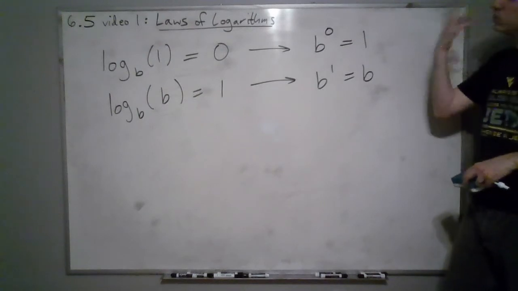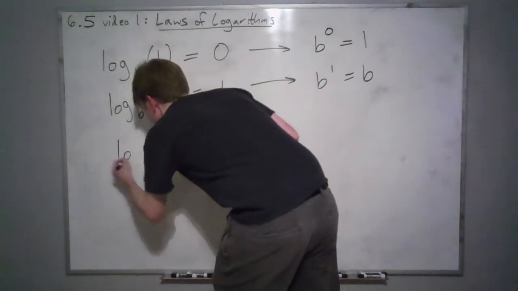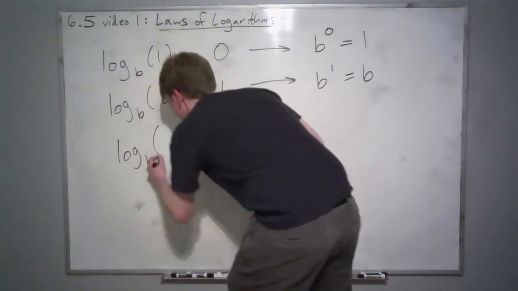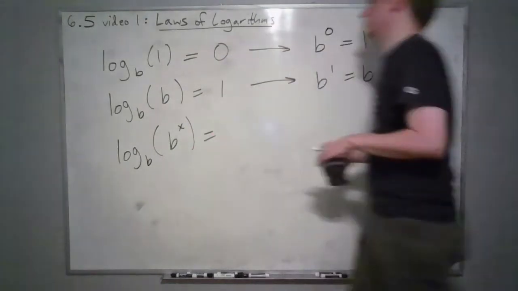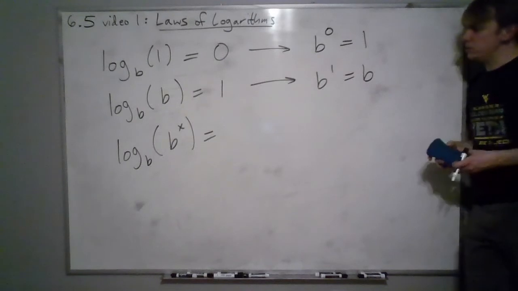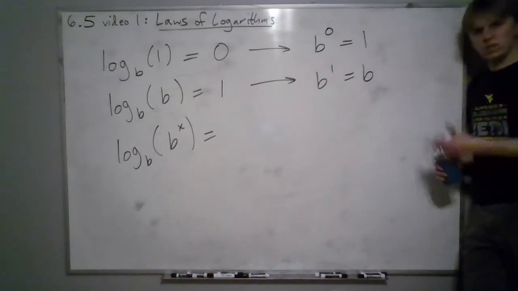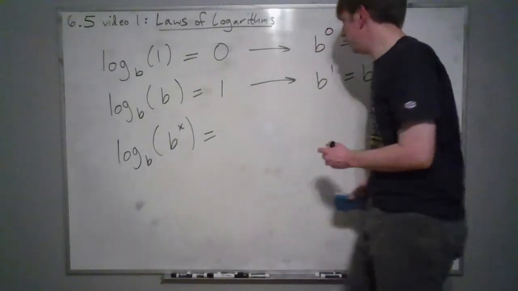Okay, next up is a little more interesting one. Now, we might be able to think our way through this same way as we did the previous ones. You know what, let's go ahead and try it. So the base is b, the answer is b to the x.